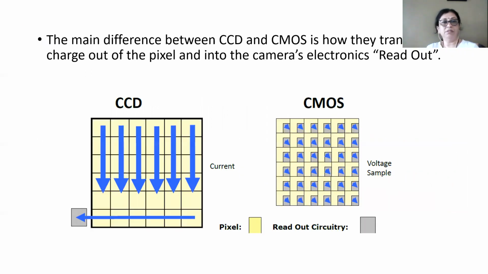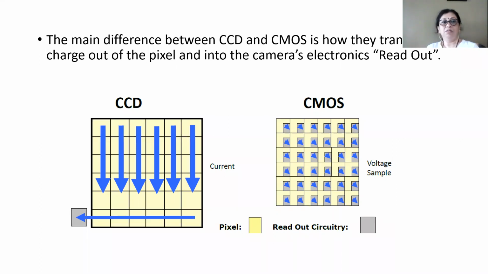of image sensors, and we are going to study two types of image sensors because these two types are used widely nowadays. One is CCD, that is charge coupled device, and another is CMOS, that is complementary metal oxide semiconductor image sensor.